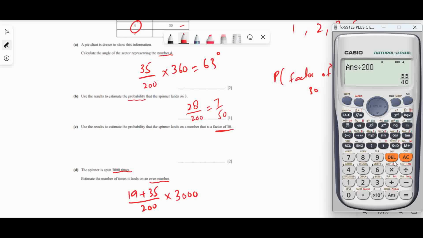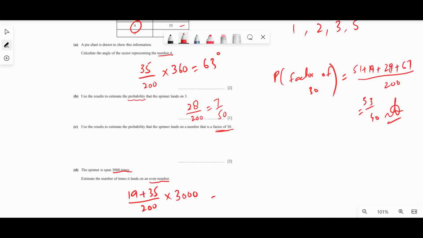If we simplify, 19 plus 35 divided by 200 multiplied by 3000 will be equal to 810. So this will be the final answer. Let's move to the next question.